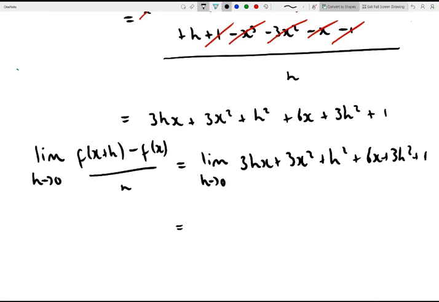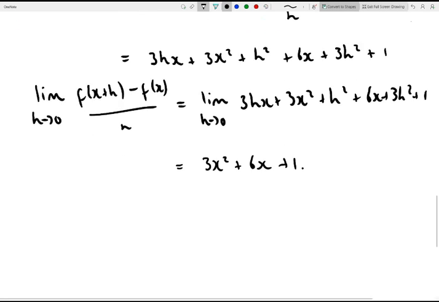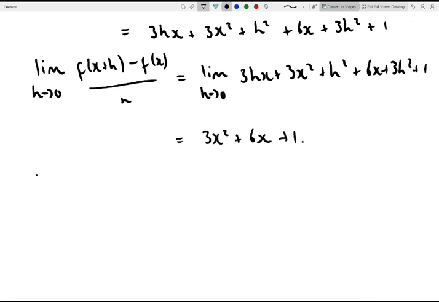So all the terms with h in it will vanish, and we'll just be left with 3x squared plus 6x plus 1. And that's the final solution. Now we can go ahead and calculate another example.